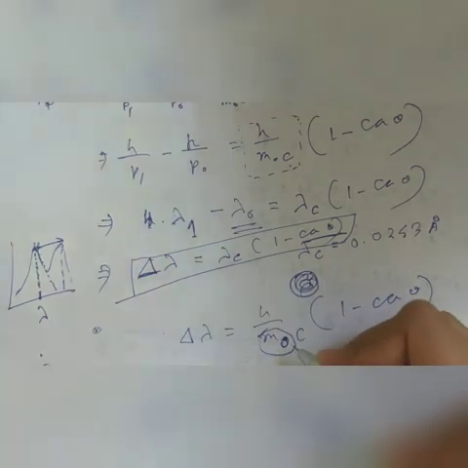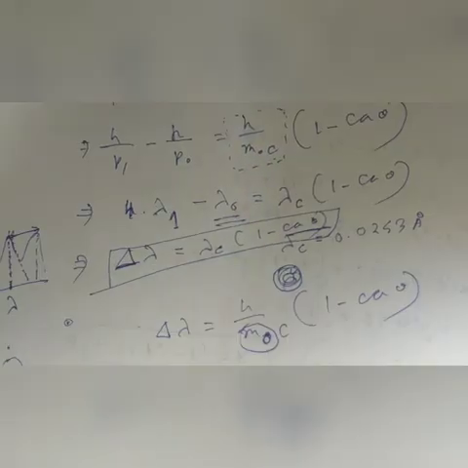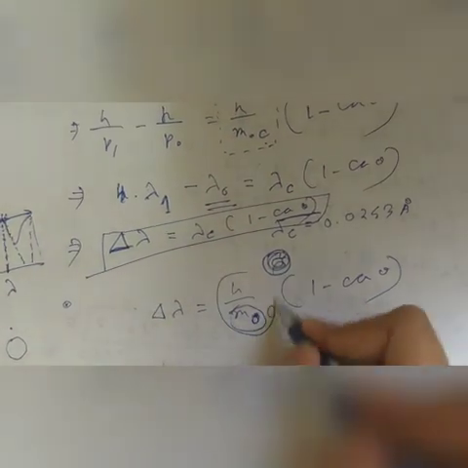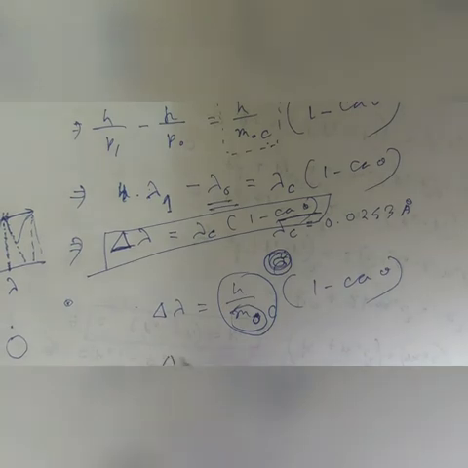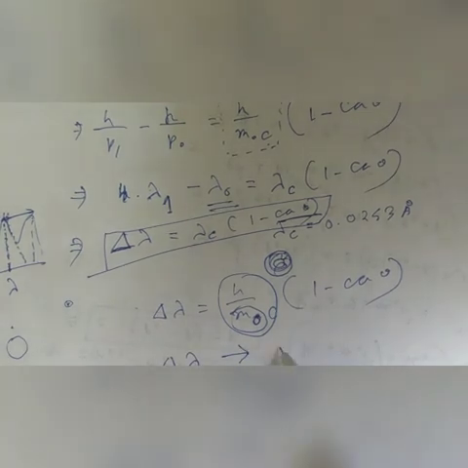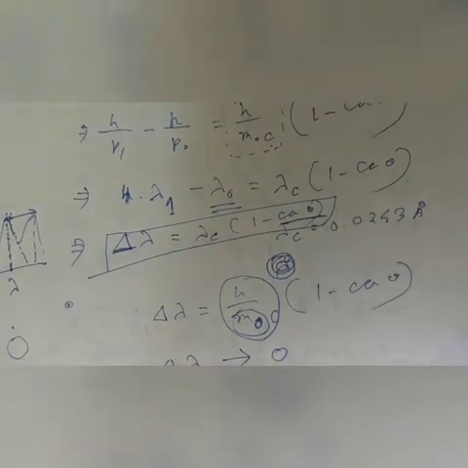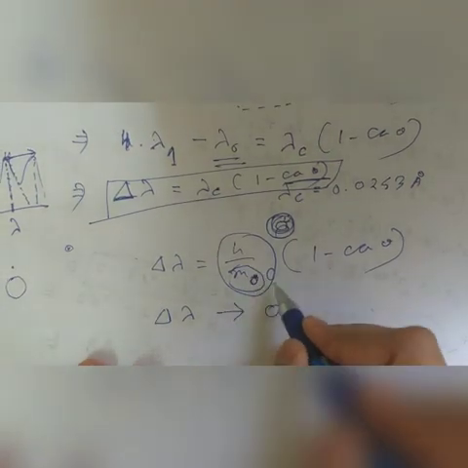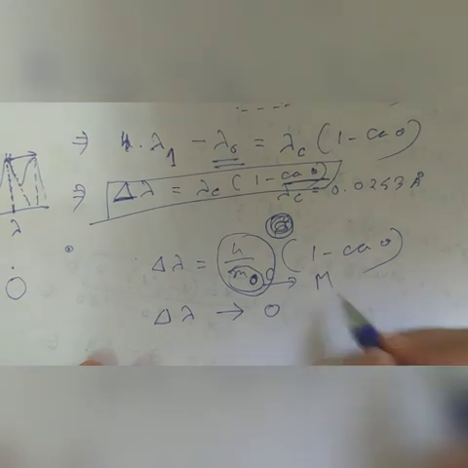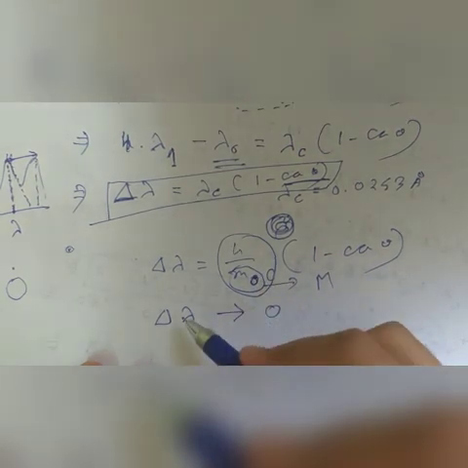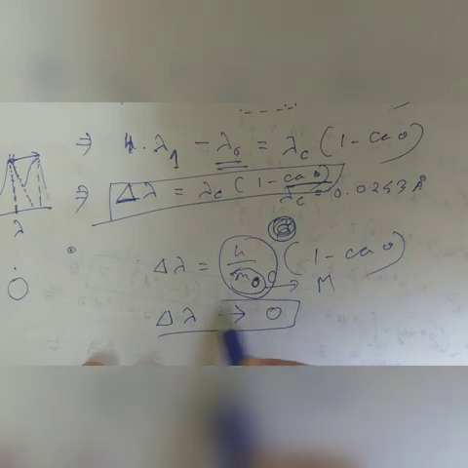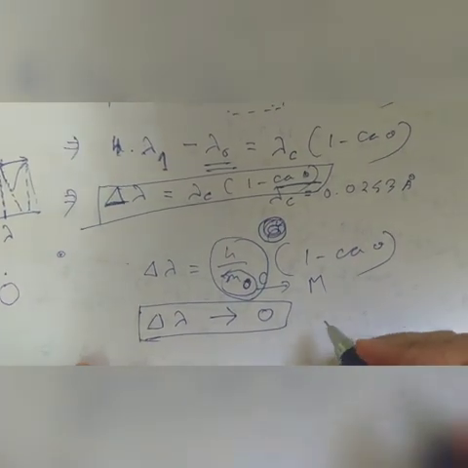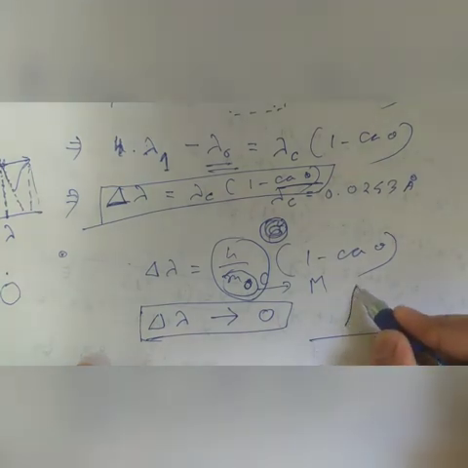So this term will become very low, and Compton's shift tends to almost 0. If in place of m naught there is the mass of the whole atom, the Compton shift will be immeasurably small, so we will get the peak at the original wavelength only.